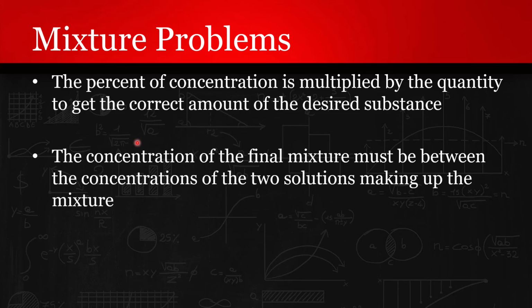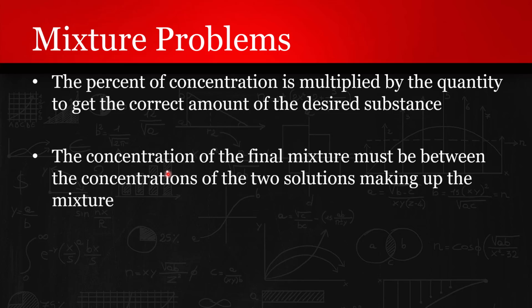And always remember that the concentration of your final mixture must always be between the concentrations of the two solutions making it up. For example, you cannot mix 20 proof alcohol with 40 proof alcohol to get 80 proof alcohol. It doesn't work that way. You want to get something between 40 and 20 proof for you luscious out there.